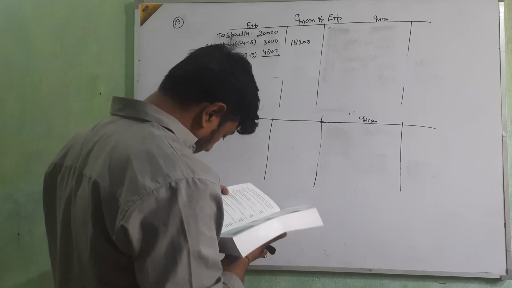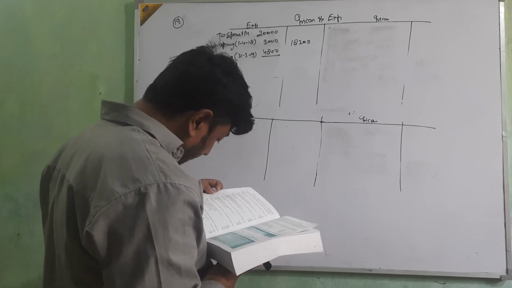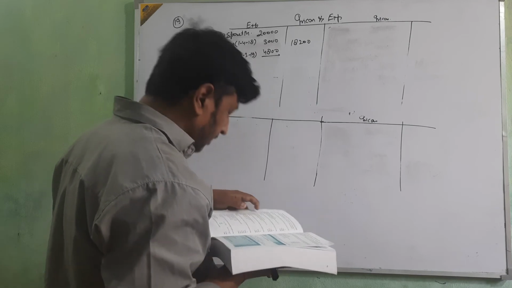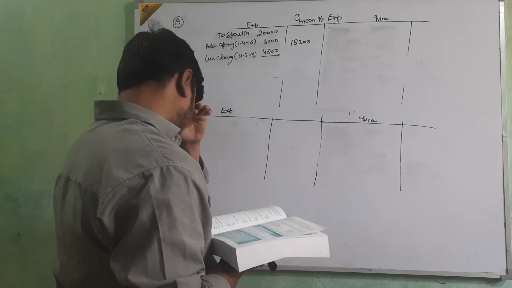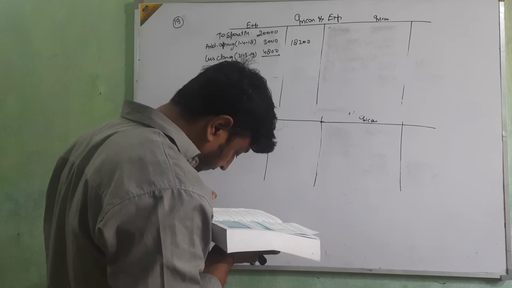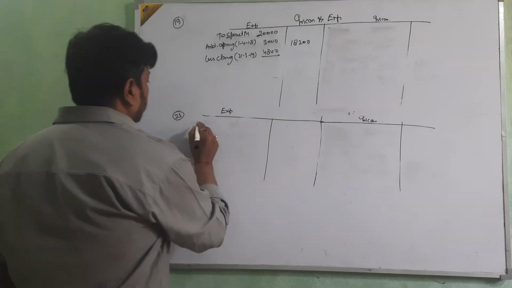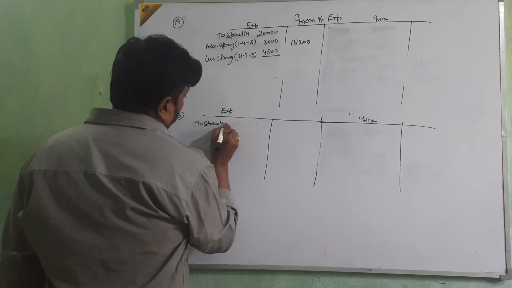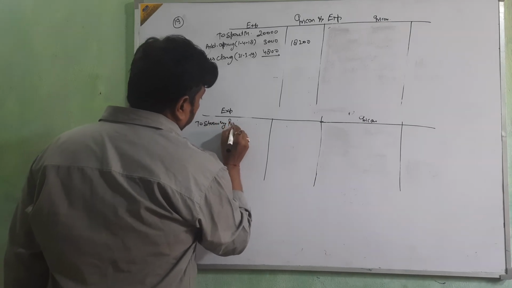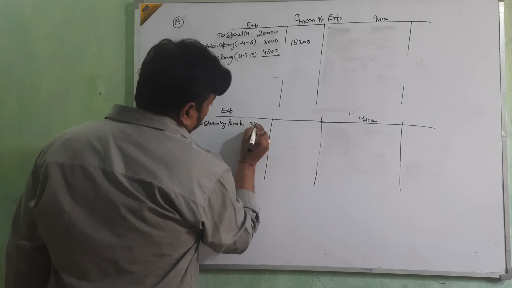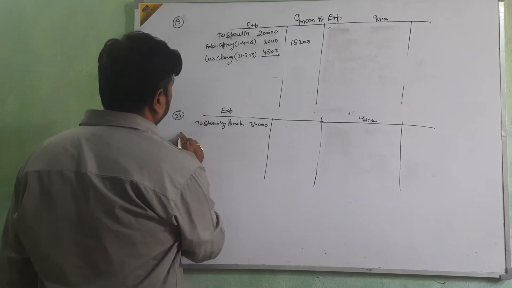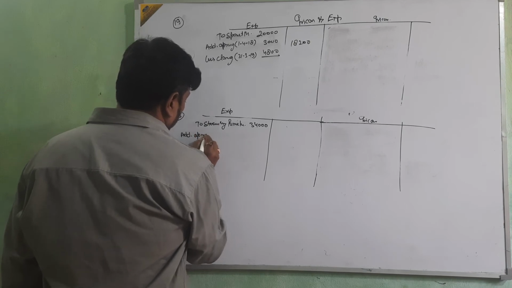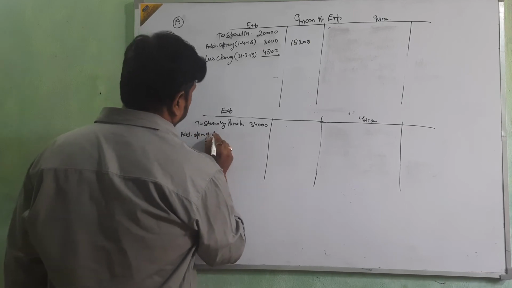Just see again, amount paid for the stationery purchase. Write down that amount. The amount is 3,400. To stationery purchase 3,400. Add opening. Okay beta?